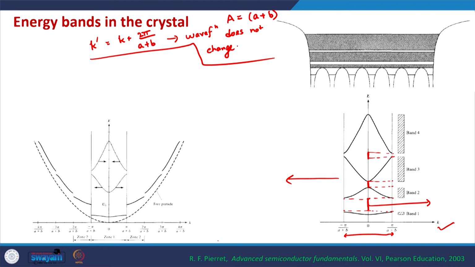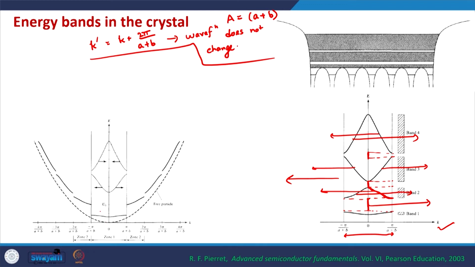What we can do is shift this plot by 2 pi by (a plus b) in either direction, left or right. So, we shift this to the left by 2 pi by a and this to the right by 2 pi by a, this to the right, this to the left by 2 pi by a, and this to the left, this to the right by 4 pi by (a plus b).